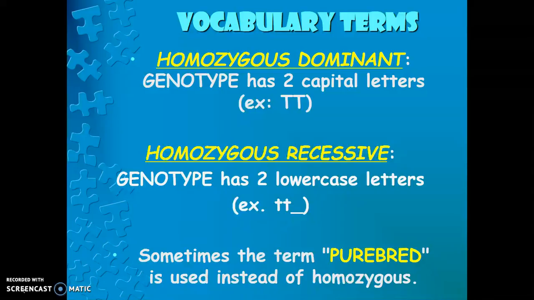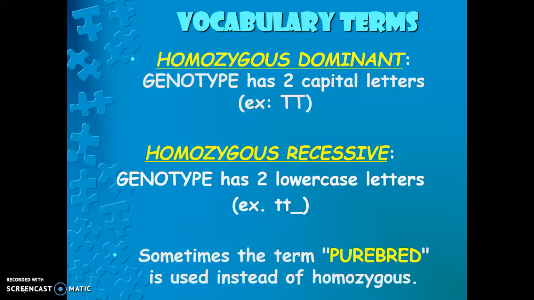You can have two dominant genes, so you're homozygous dominant, or you can have two recessive genes and be homozygous recessive. But if you have two of the same letters, you are homozygous. And since there's two ways to be homozygous, you have to specify which type of homozygous we are talking about. If you just write homozygous, you're only half right.